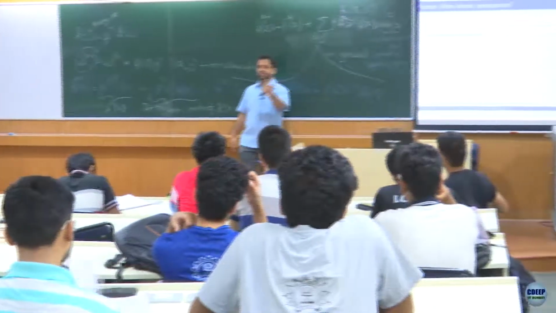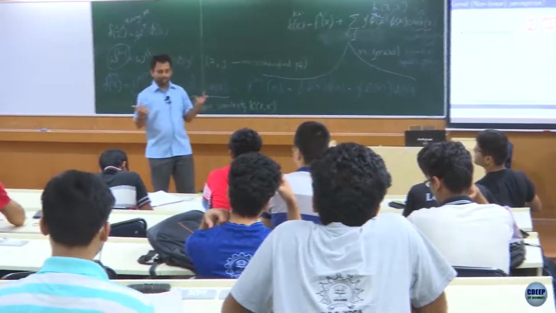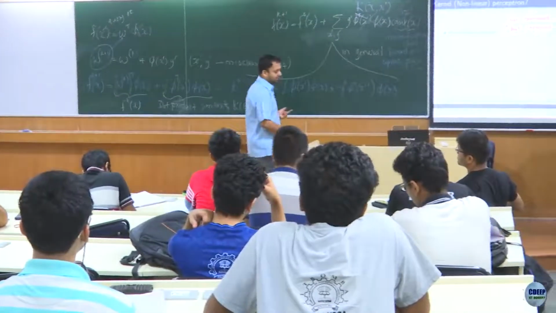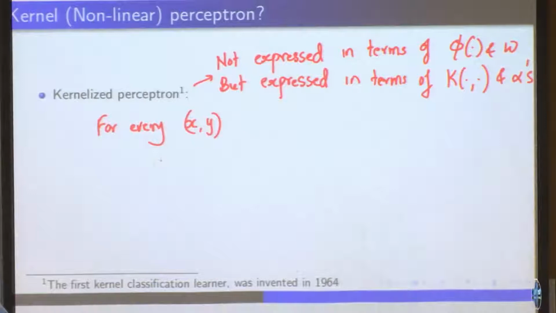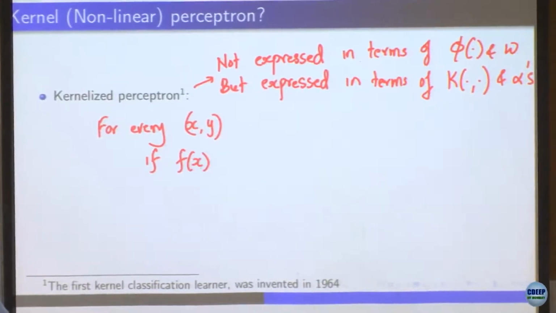So at every step, how much may you update alpha by? 1. The idea is fairly simple. For every (x, y), if y f(x) is less than 0, the signs disagree, then alpha x equals alpha x plus 1.